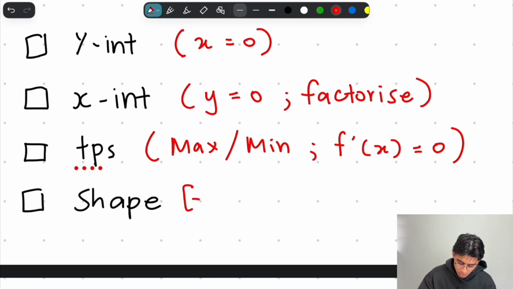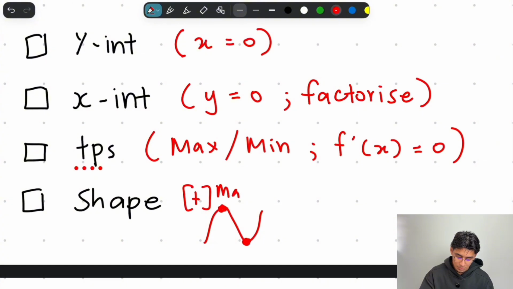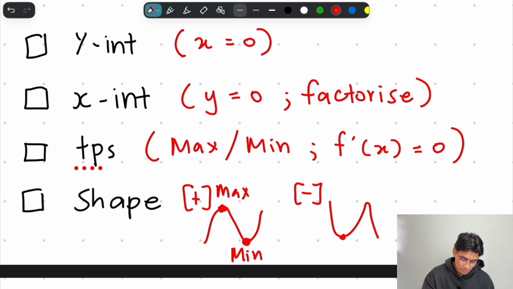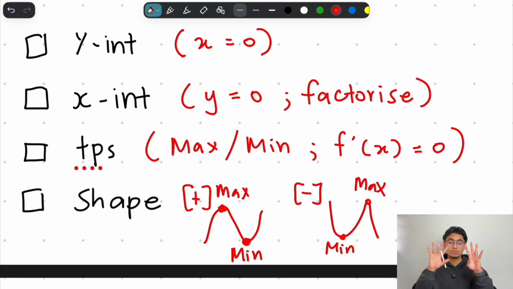If it's a positive graph, the shape is going to look like this, where the max is going to come before the min. If the graph is negative, then, well, you guessed it, the min is going to come before the max. So as long as you know these 4 things before you start drawing, it's easy.